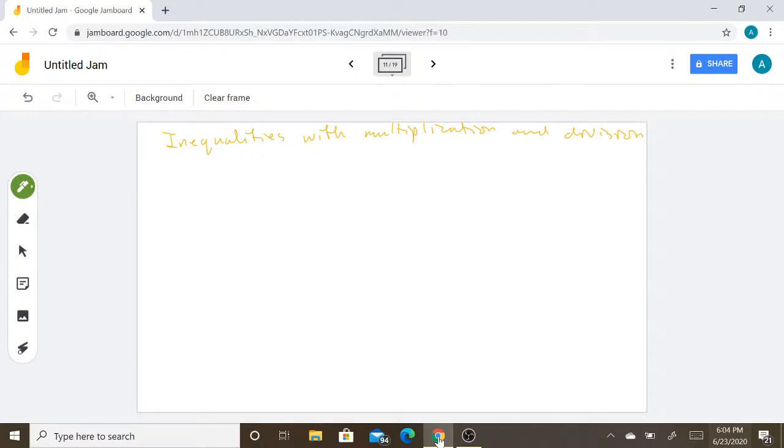So we learned about addition and subtraction, so we're going to move on to inequalities with multiplication and division.